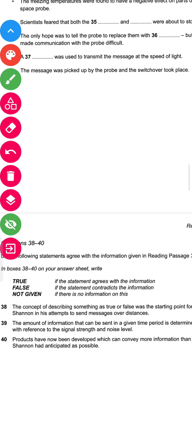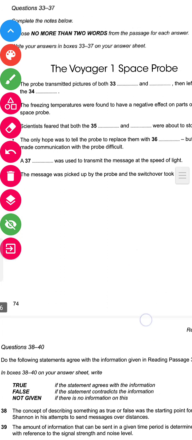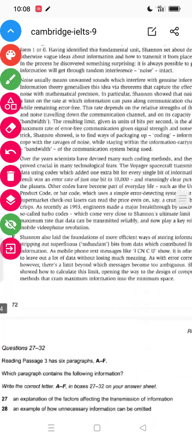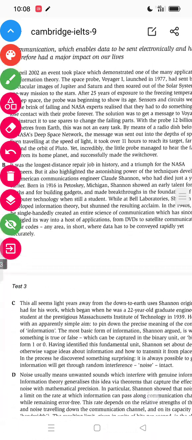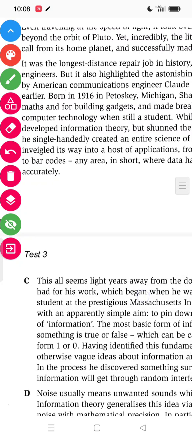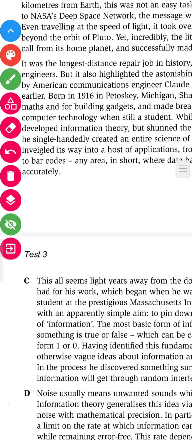So as we go to paragraph C, see here it is, paragraph C, and we will get the answer from the 5th line.